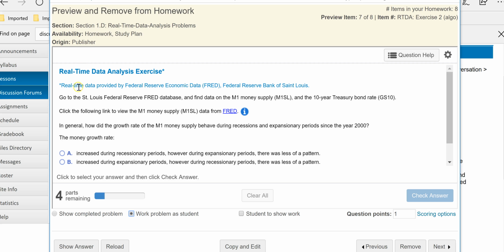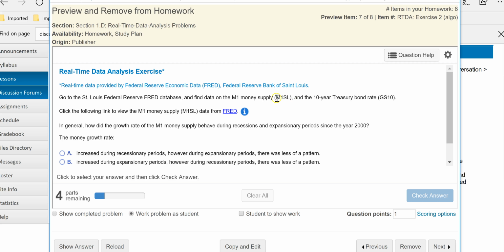Let me briefly read the setup. Go to the St. Louis Federal Reserve FRED database and find data on the M1 money supply. Note here it has a symbol, M1SL.